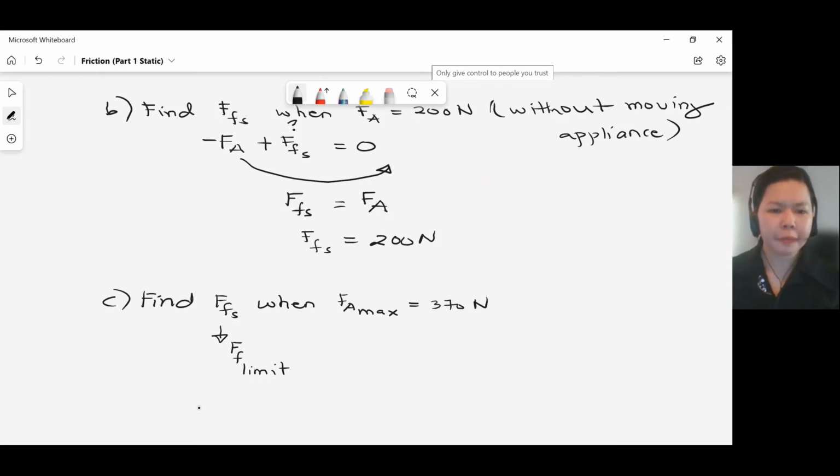So we say negative Fa max plus FF limit equals 0. It is still equal to 0 because our object is still at rest. It is about to move.